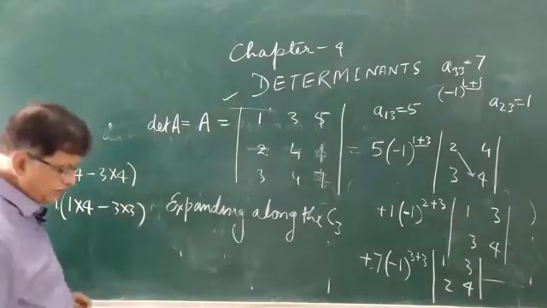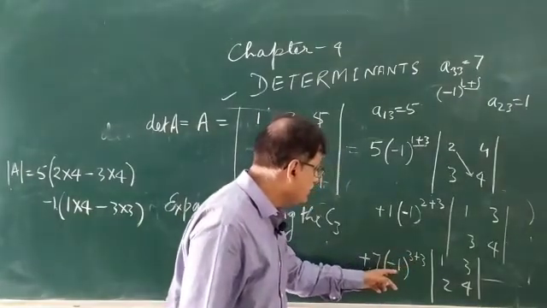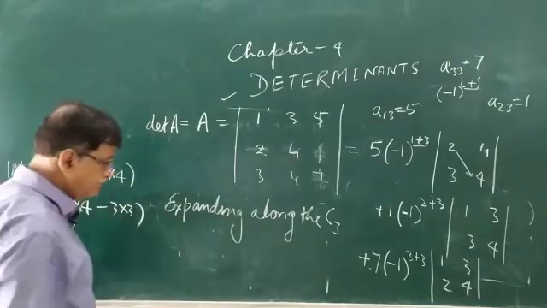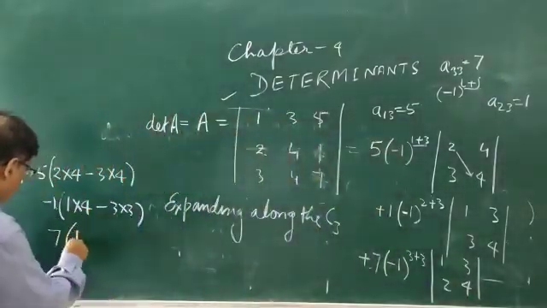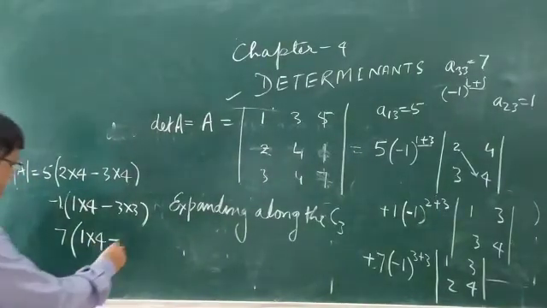Now see this one, 3 plus 3 is 6, even, so it is positive. 7 into 1 into 4 minus 2 into 3.